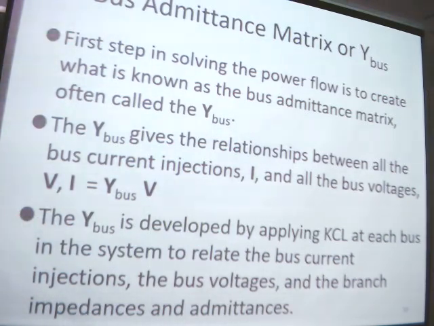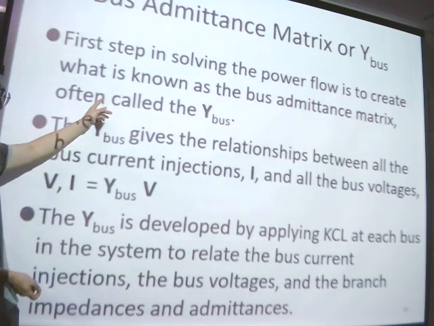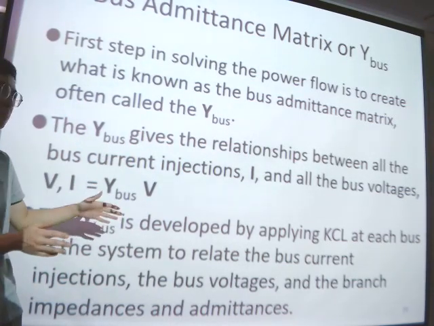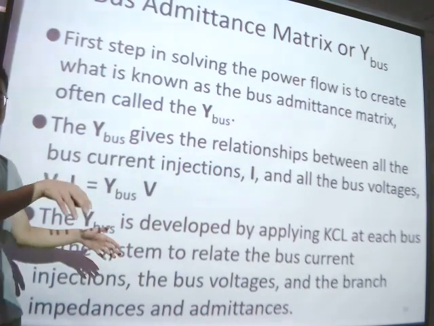So the first step to calculate the power flow is to establish the admittance matrix. This matrix is used to describe the topological structure of the power system.